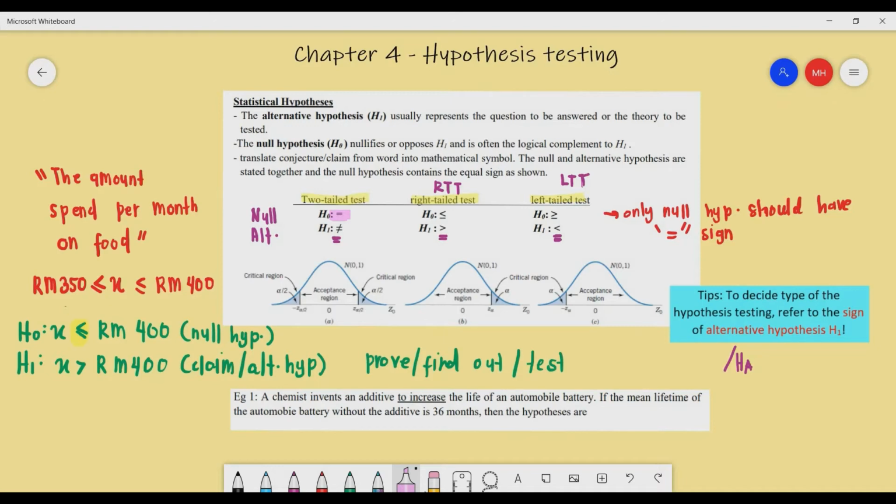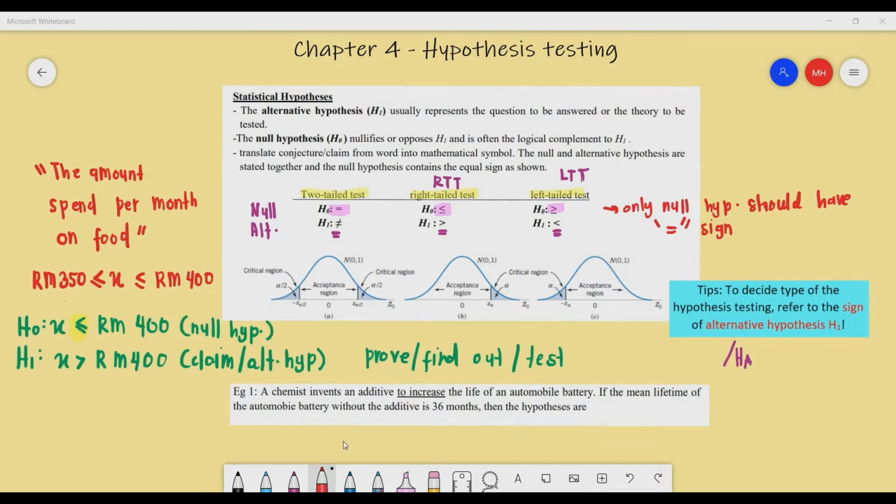For the right-tailed test, when it is less for the null, it must also be associated with the equal sign. Same goes for the left-tailed test. As you can see here, the null is greater, so it must also have the equal sign. But the alternative hypothesis shouldn't have the equal sign. So you have to take note of this.